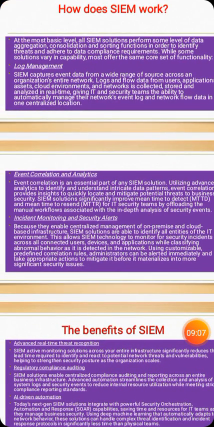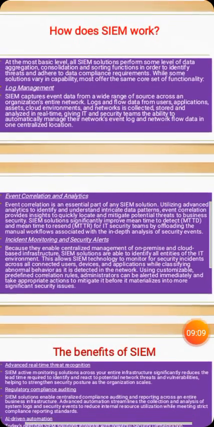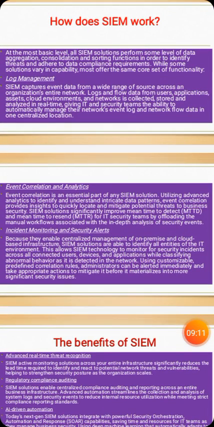Another step of how it works is the incident monitoring and security alerts. Because they enable centralized management of on-premise and cloud-based infrastructure, SIEM solutions are able to identify all entities of the IT environment.